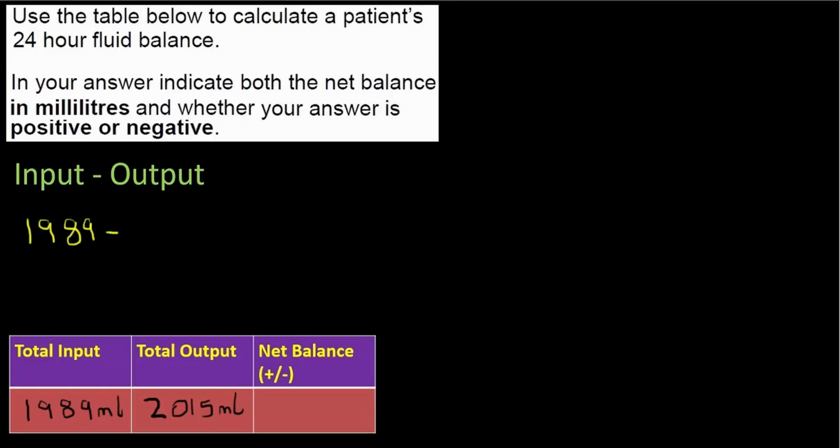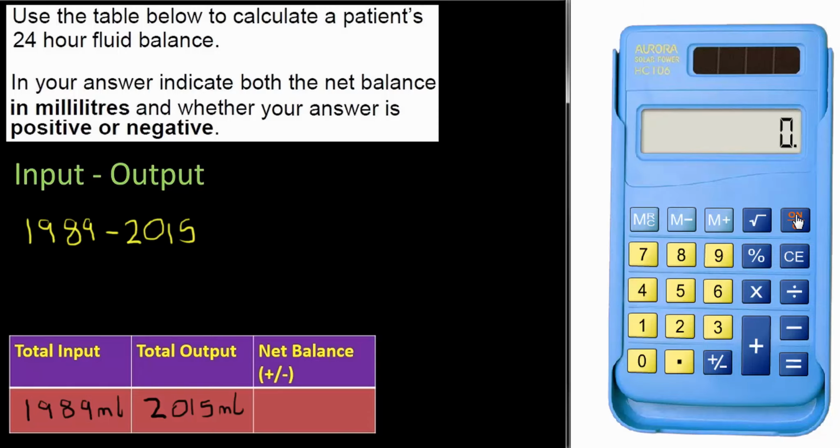1989 take away 2015. Now I'm going to do this with a calculator first of all this time. Clear the memory. 1989 is the input, take away 2015, the output. And the answer, look at that negative sign, is negative 26.